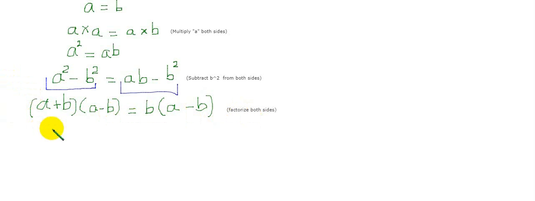Okay, now in the next step, I'm going to divide by A minus B on both sides, as both the sides have A minus B as a common factor.